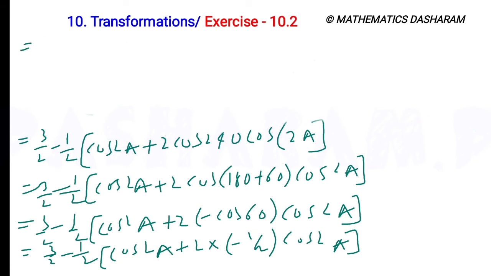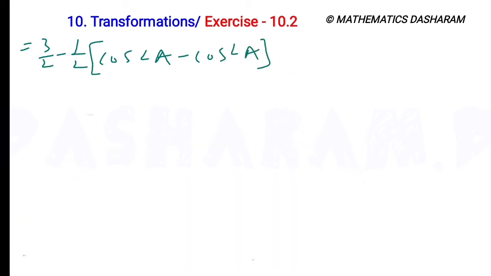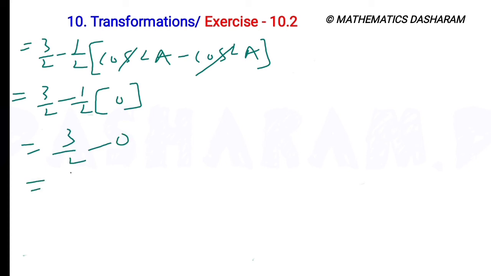So the 2 cancels, leaving minus cos 2a. So 3 by 2 minus 1 by 2 into 0, which is 3 by 2, equals RHS, so hence proved.